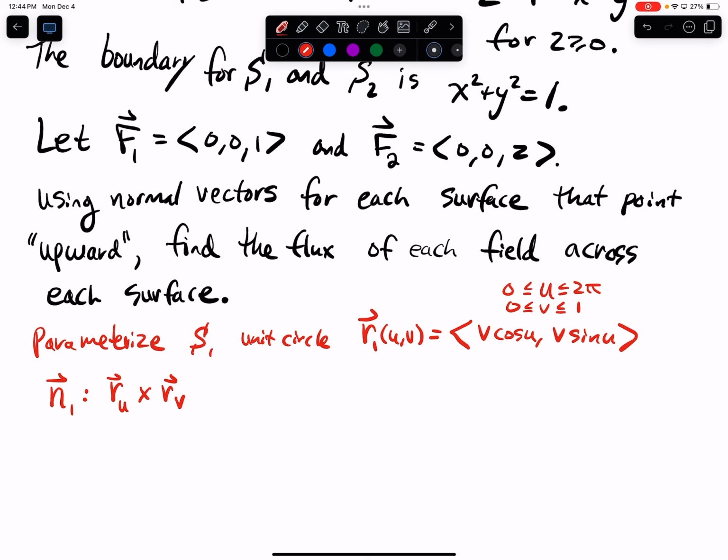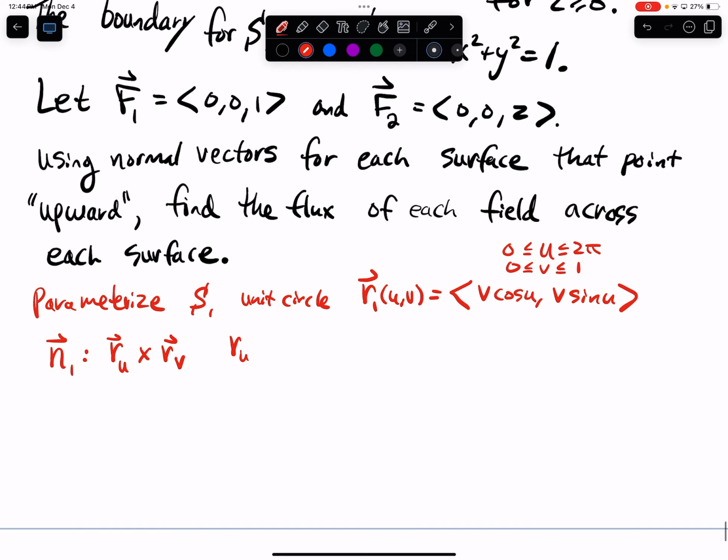So what is RU? This is kind of like practice for our test question, because it's the same thing. We've got to calculate RU and RV. So what's RU? Negative V sine U, and then V cosine U. Good. What is RV?